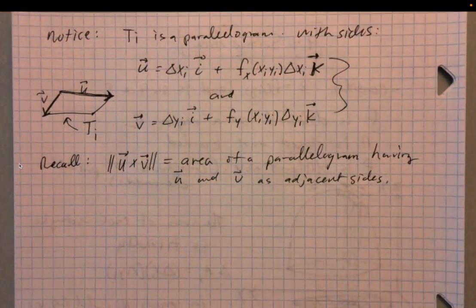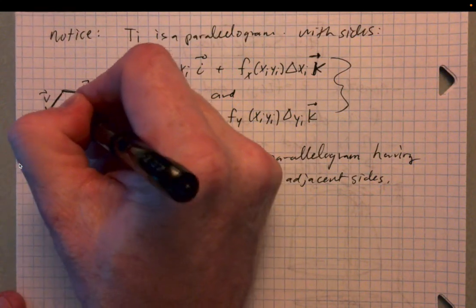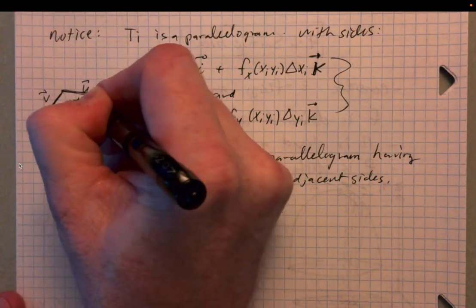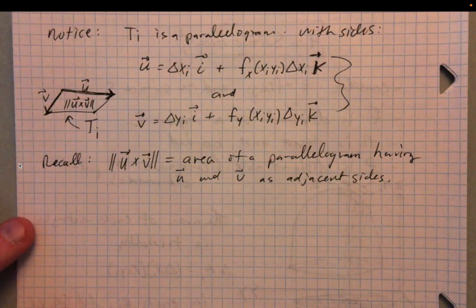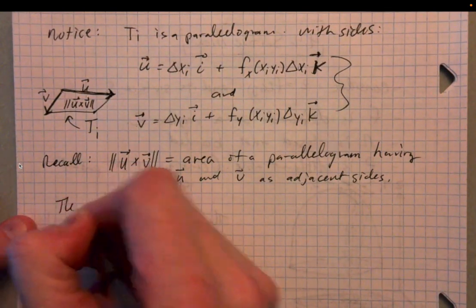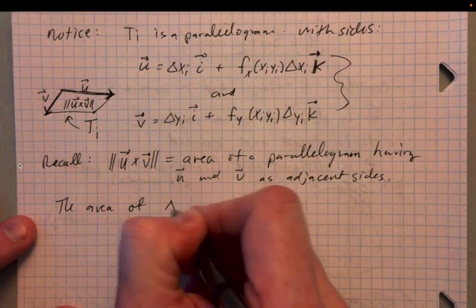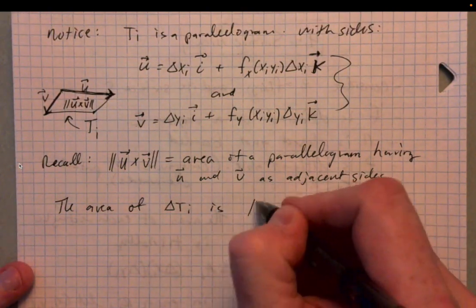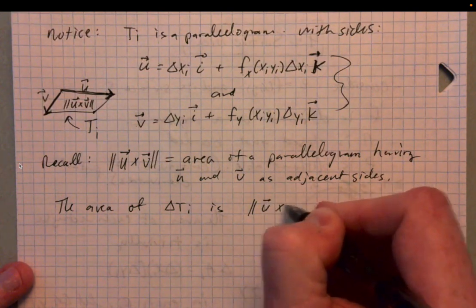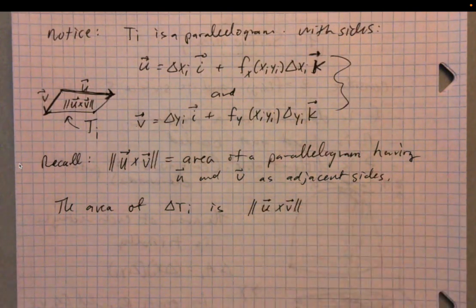Okay. All right, so this area can be calculated by crossing U and V and taking the norm. And so we can come up with a general expression for the area of each of these Ti's. The area of delta Ti is going to be equal to this. All right, so let's calculate this.